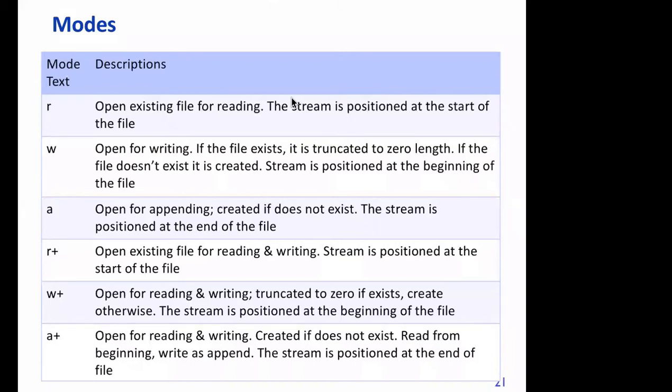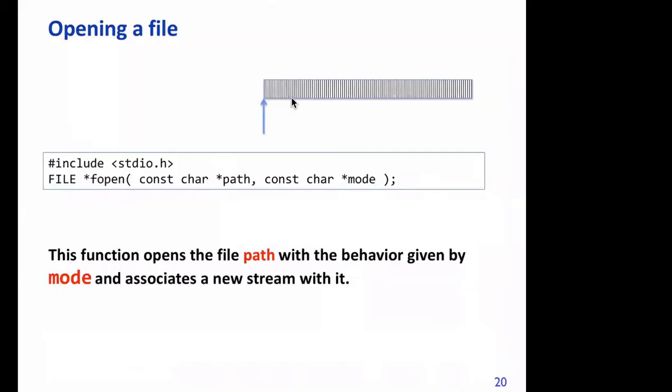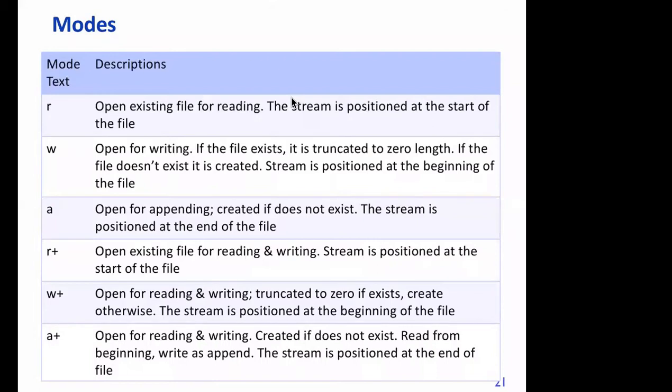It opens a file for appending. If the file doesn't exist, it's created, and note that the position of the file pointer, or stream, is at the end, because the appending operation can start there.